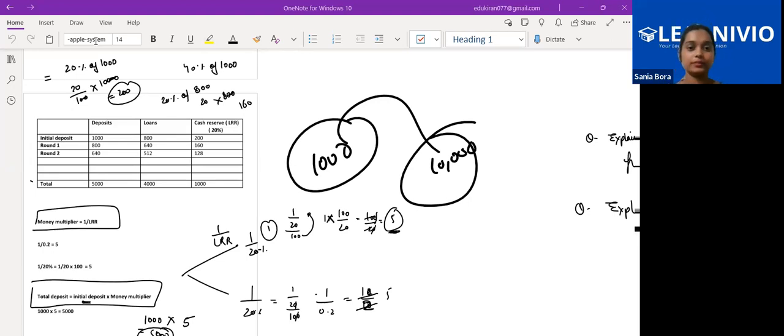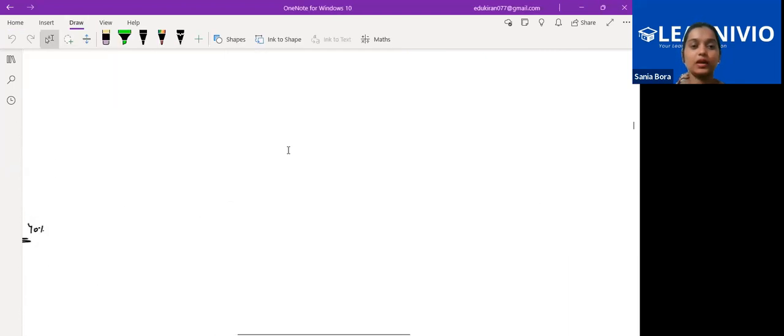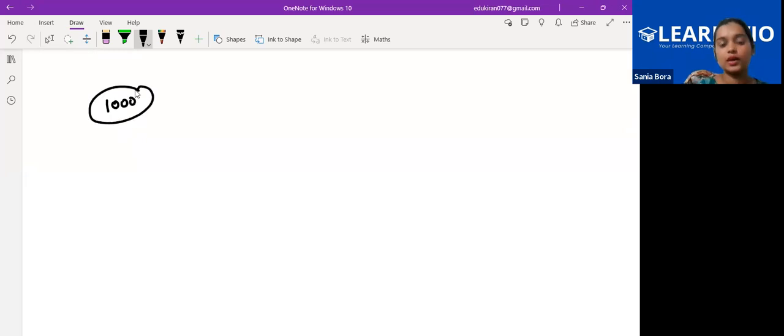Okay. So now, first of all, I'll teach you how to do money creation. Whenever we do money creation, the first thing you need to take care of is that you would have the initial deposit with you. For example, 1000 rupees is your initial deposit.